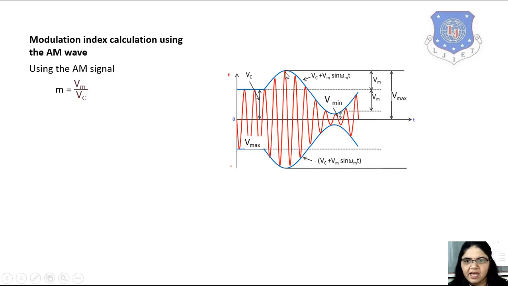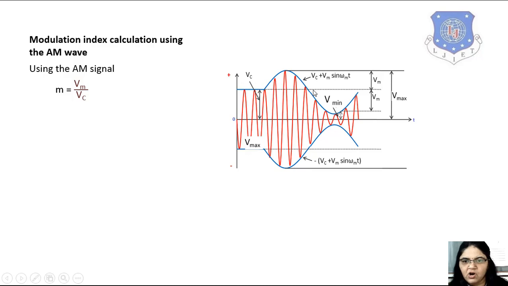So this is the amplitude modulated wave, which consists of the carrier signal, and this is nothing but the envelope of the modulating signal. We know that this is the carrier, so the amplitude of that is Vc.